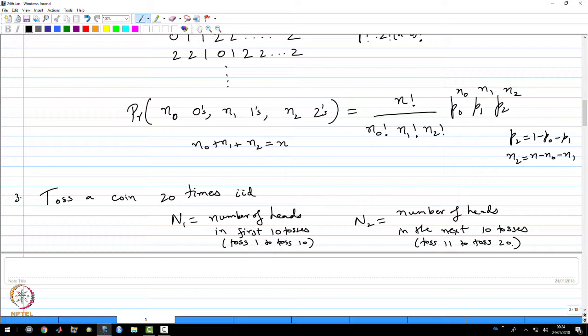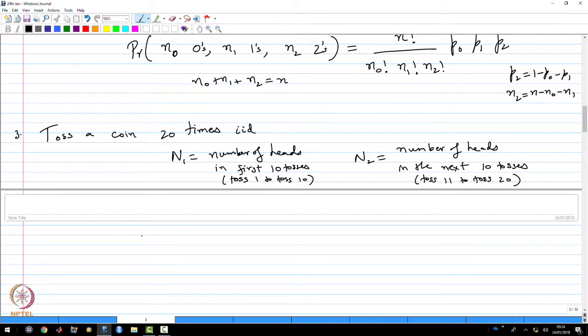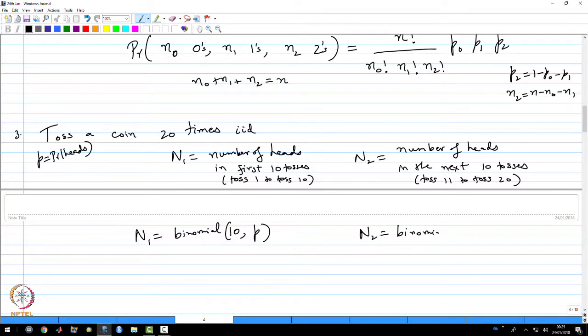So those are the two random variables, n1 and n2. n1 itself is easy to write down: it is binomial with parameters 10 and p, where p is the probability of heads of a single toss. Similarly, n2 will also be binomial with 10 and p.